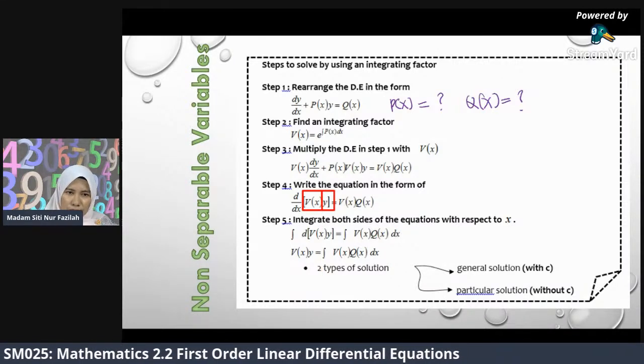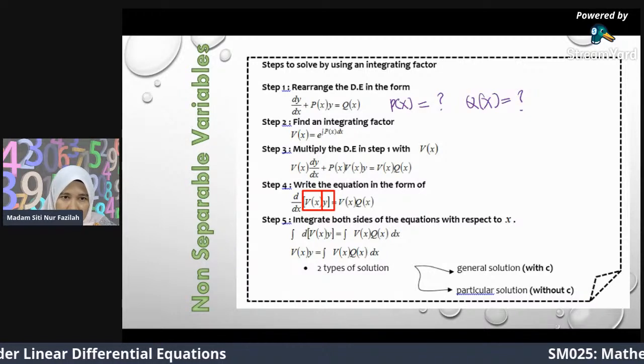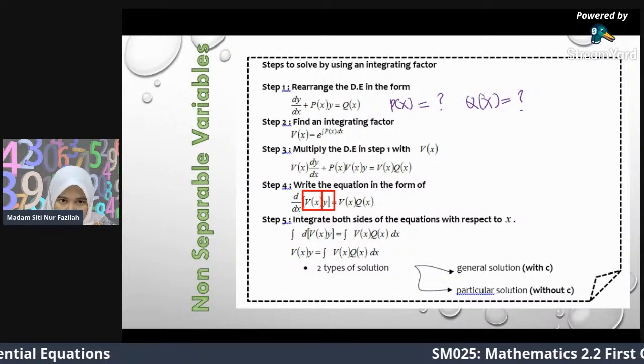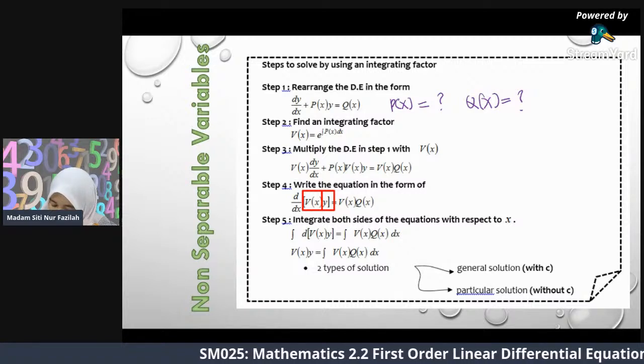Actually we know that the thing in the right box is V(x)y, so we must write down d over dx of V(x)y.